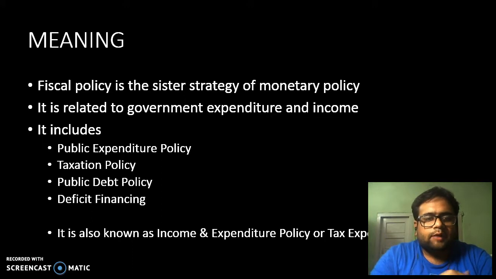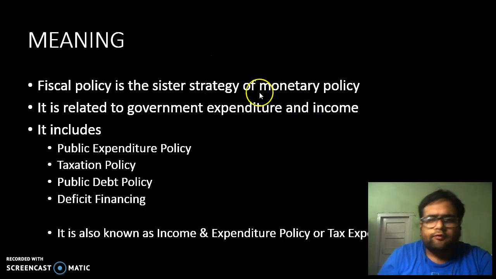It is that policy which is related to the finances of the government, basically the state government or central government. But here we'll be discussing this topic in the purview of the central government, and it is the sister strategy of monetary policy.